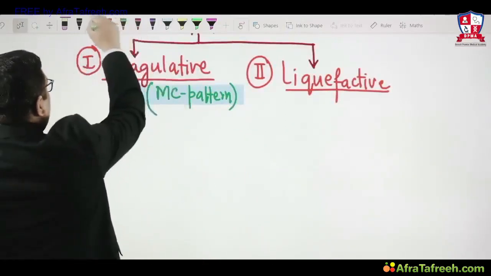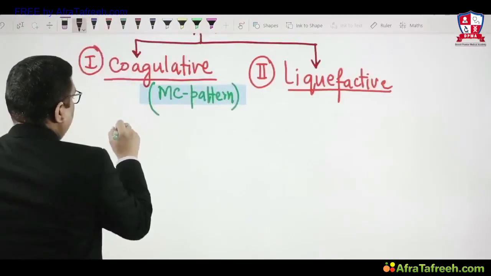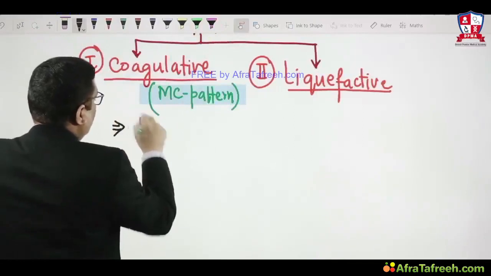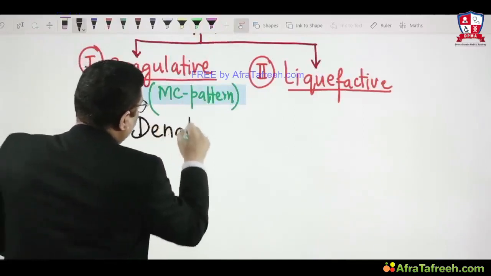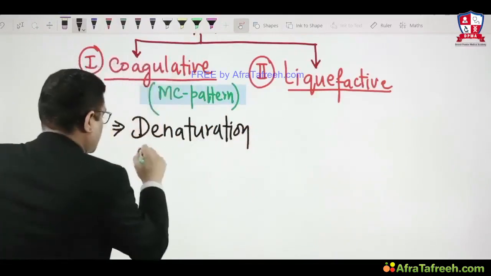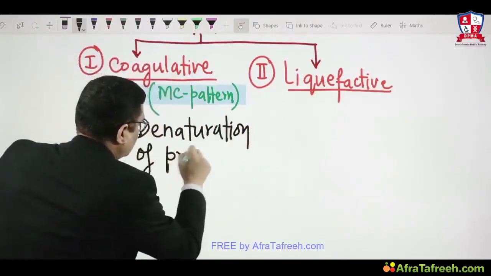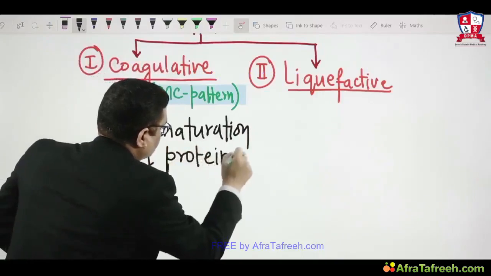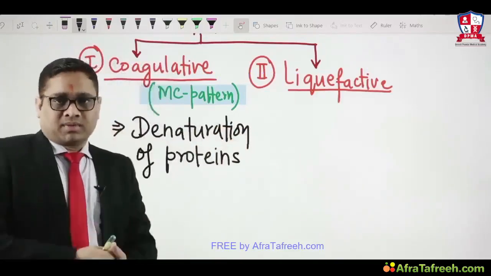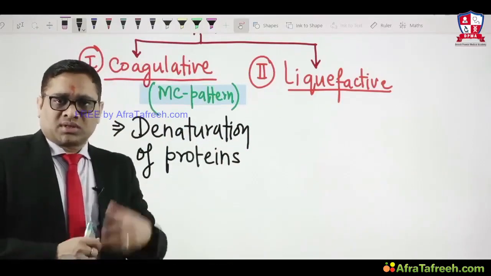Coagulative necrosis is because of denaturation of the protein. So whenever there is denaturation of protein, what will happen to a tissue or a cell?